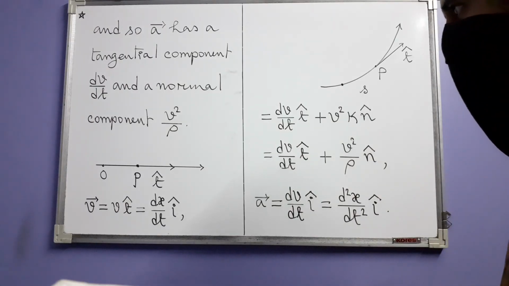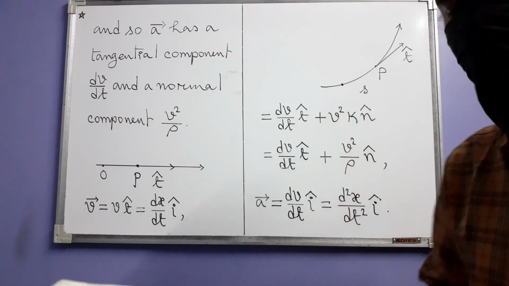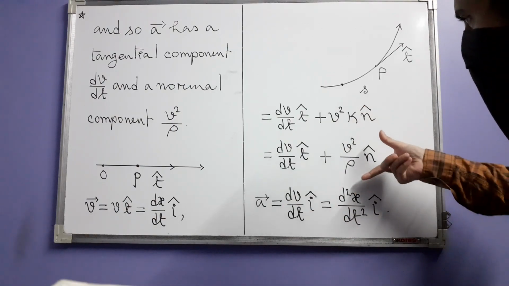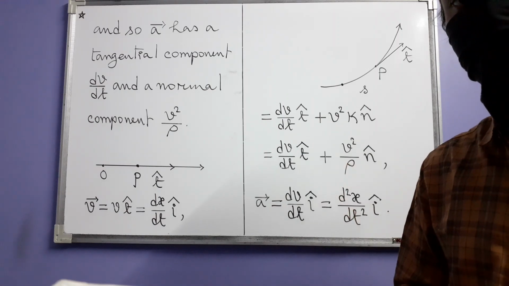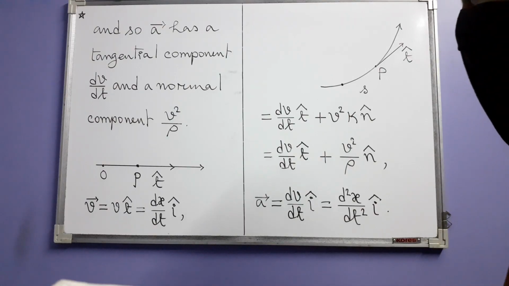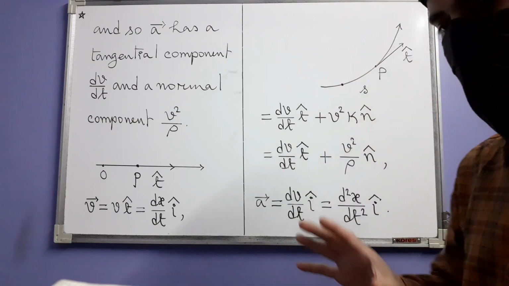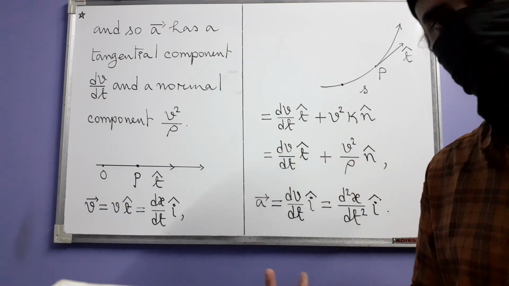That is because for a straight line, curvature is 0. Kappa is 0, so this second term is not there. Our radius of curvature is infinity. That is why. So you see that this general description of velocity and acceleration includes in it the rectilinear case as well.